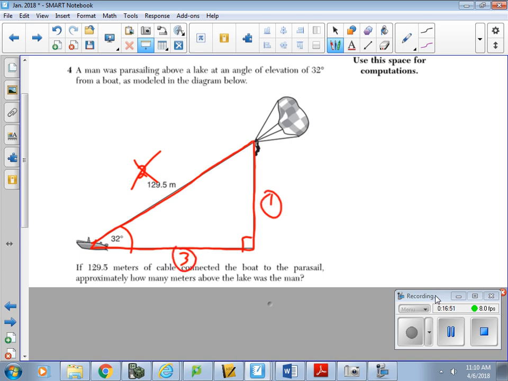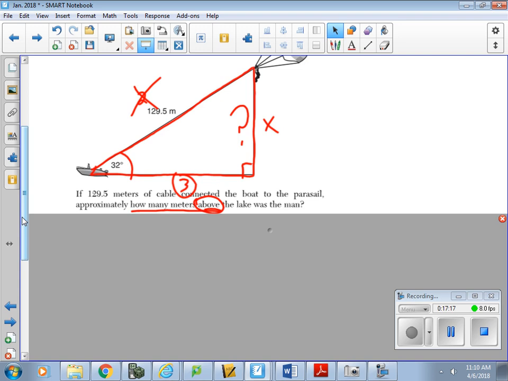But when it says approximately how many meters above, the key word is above, that means we're definitely looking for that side right there. You could label that X, you could label it whatever you want, but that's the side we're looking for, all right?